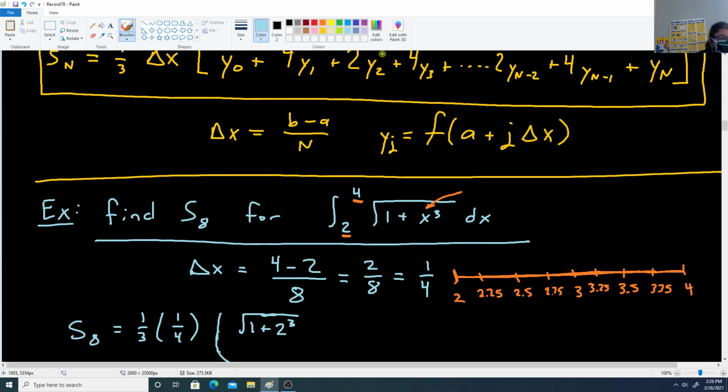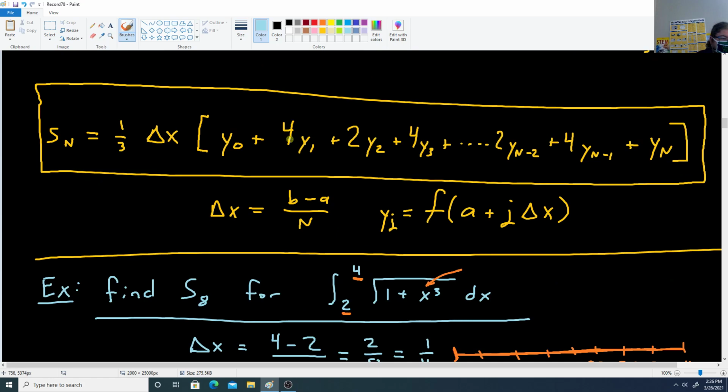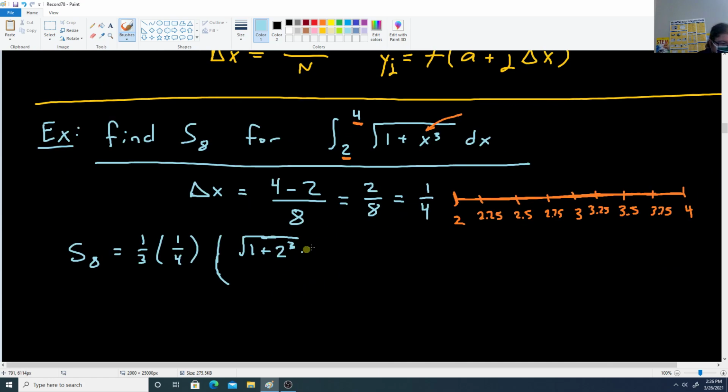That's the y sub 0. Then the y1 term has a 4 in front of it, so plus 4 times the square root of 1 plus 2.25 cubed.